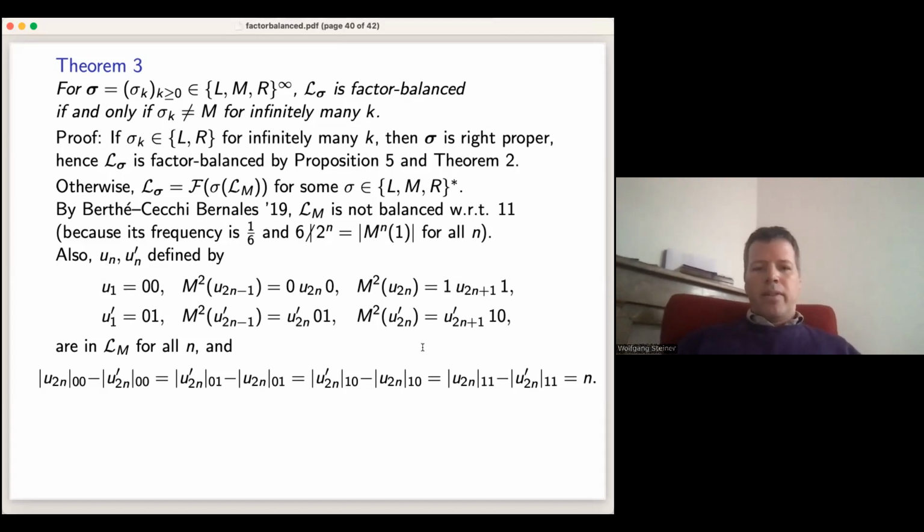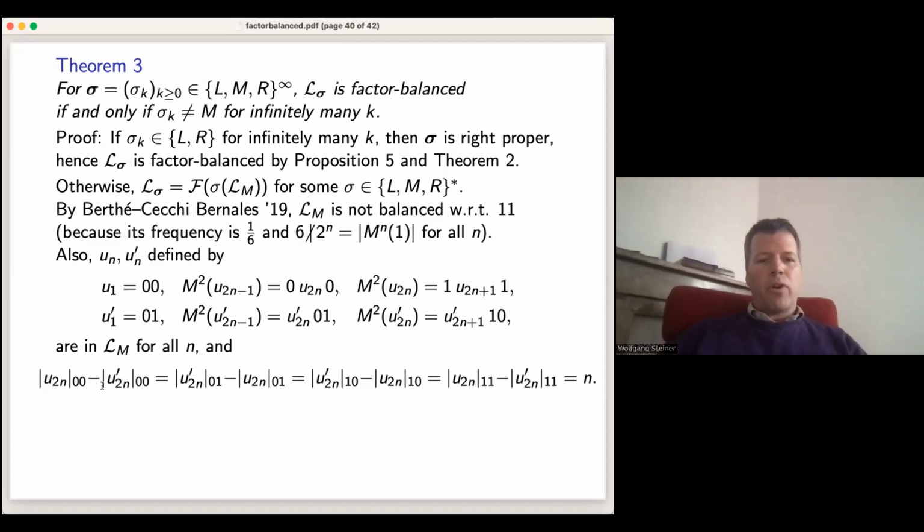Then it's not difficult to calculate the difference between the number of occurrences of factors of length 2 in U_2n and U_2n prime, and we see it's equal to n, so it's unbounded. And all these words are in the language of the 2-Morse word.